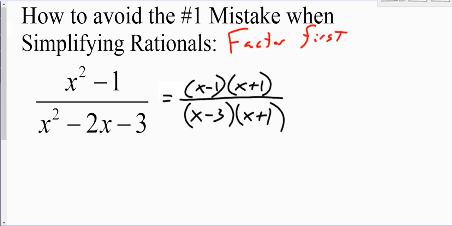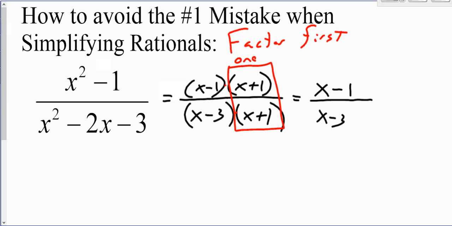At this point, because things are being multiplied, we can think of something divided by itself as equivalent to 1. And 1 times anything is itself, so in theory it's canceling things out. So what we're left with is x minus 1 over x minus 3. So to avoid those common mistakes, make sure we factor first.